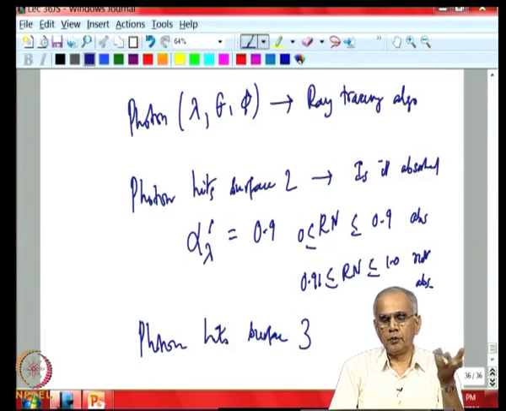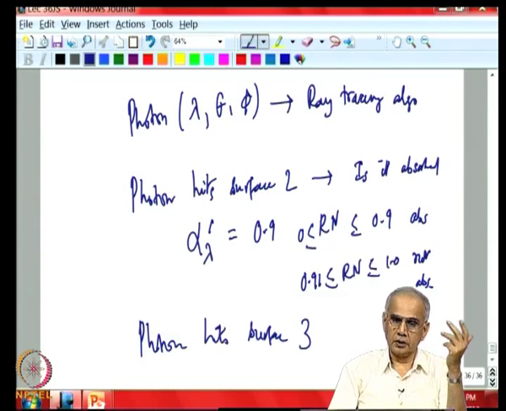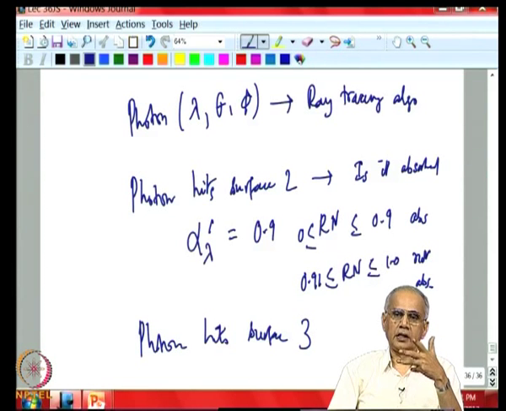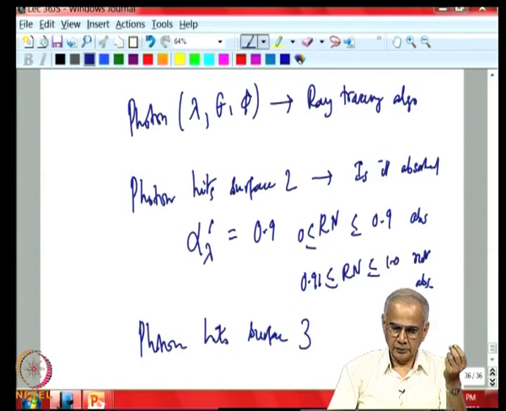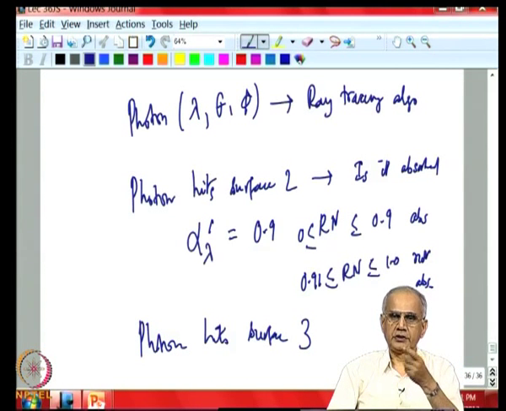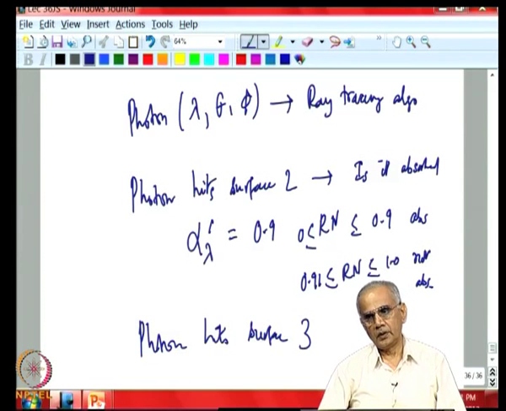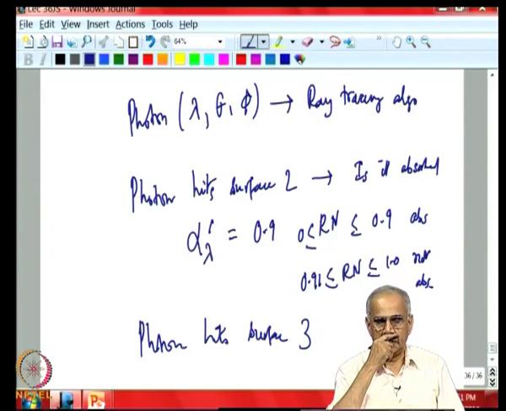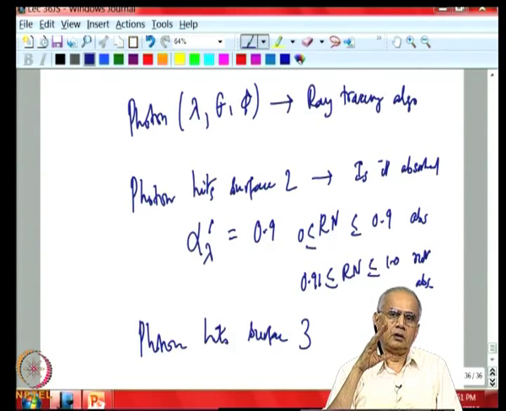Now, the same procedure is followed with millions of photons released from surface 1. At the end of the exercise, you will know, of the million photons that you released from surface 1, what fraction reach surface 3, and thereby calculate the heat load on surface 3. So, this is the simple procedure for the Monte Carlo for an enclosure in which there is no medium.